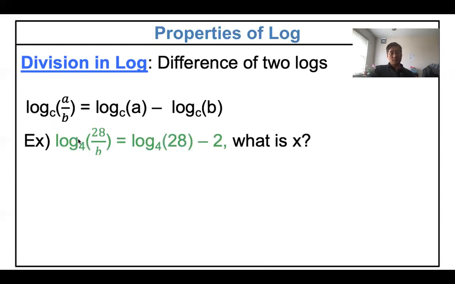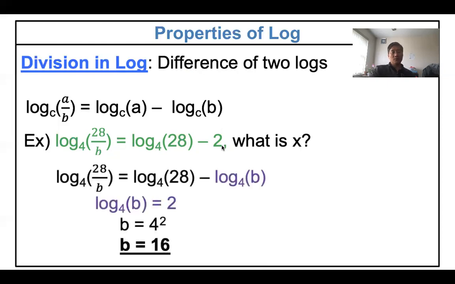So example, log 4 of 28 divided by b. You can separate into log 4 of 28 minus log 4 of b, and that is equal to 2. Oh, we need to solve for not x, but b.